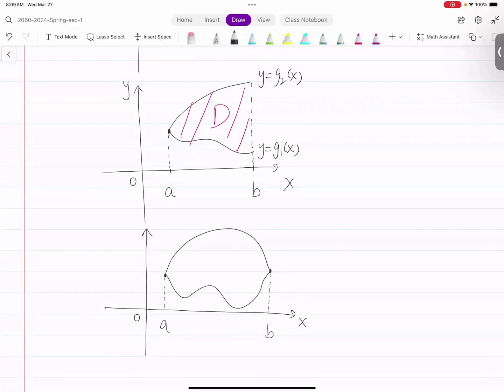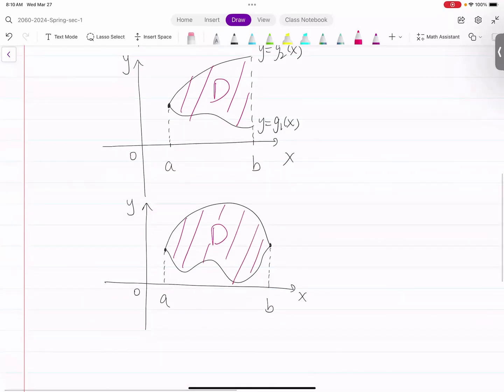This kind of type 1 region can cover all these regions you have seen, if your upper boundary and lower boundary are just functions of x. The upper bound is again g2, the lower bound is again g1, in terms of x.